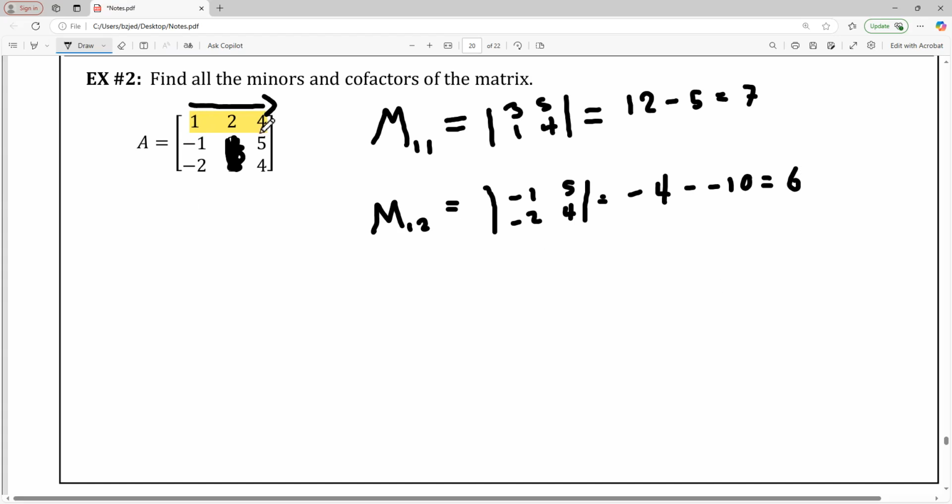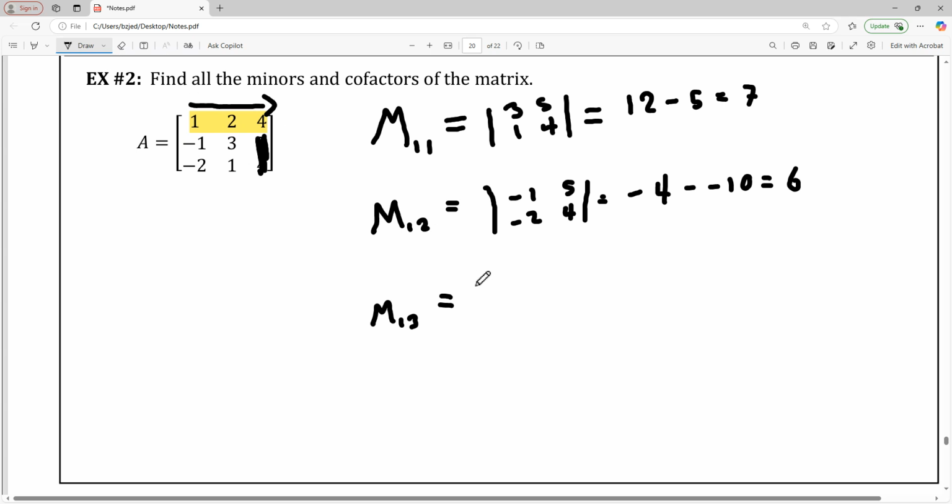Lastly, I need to keep going because I have one more element to go. So I'm going to go minor 1, 3. And so this time, I'm not going to block out column 2. I'm going to block out column 3. I'm going to block those 2 numbers out. And so now, the only numbers I have left are -1, 3, -2, 1.